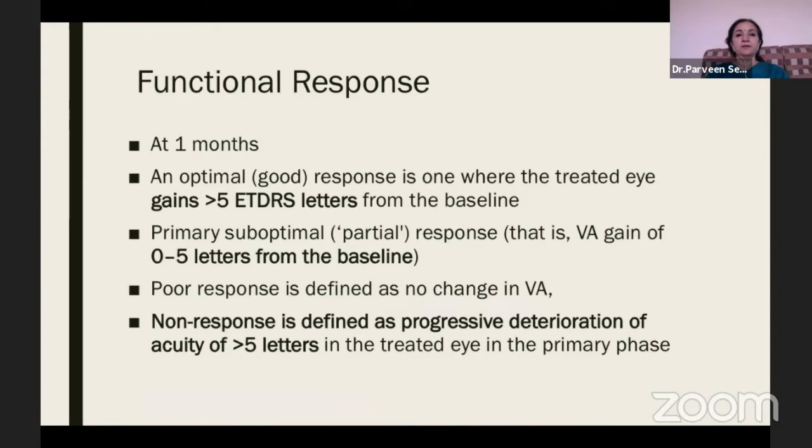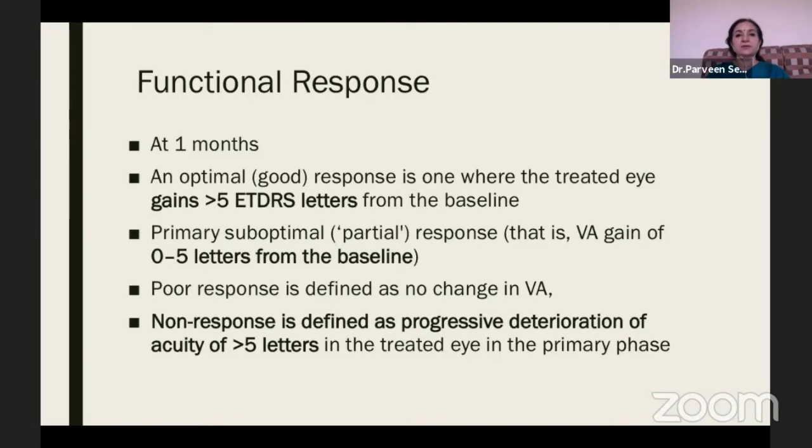So at 1 month, if you see that there is more than a 5 letter gain from baseline, which is a very good response. If it is 0 to 5 letter improvement, it is a partial response, or if there is no change, then it may be a poor response. And non-responses, as I said, you could have a drop in visual acuity actually.